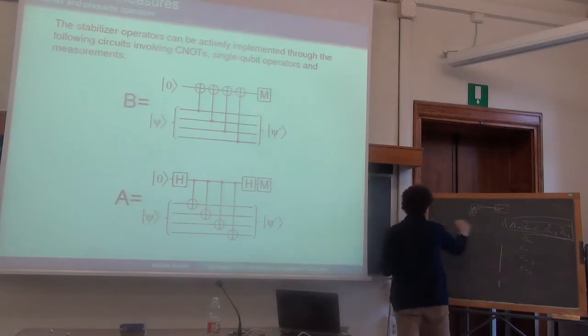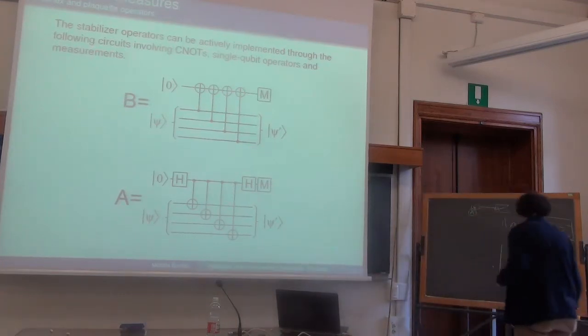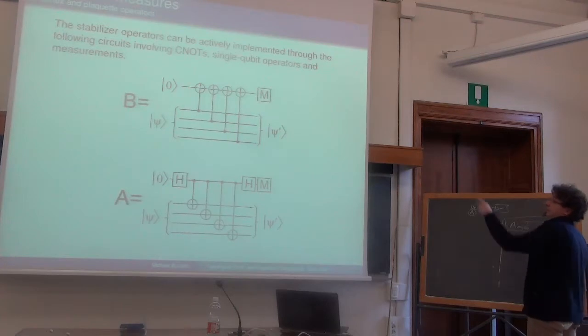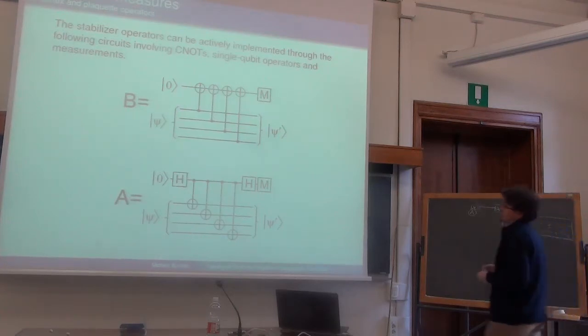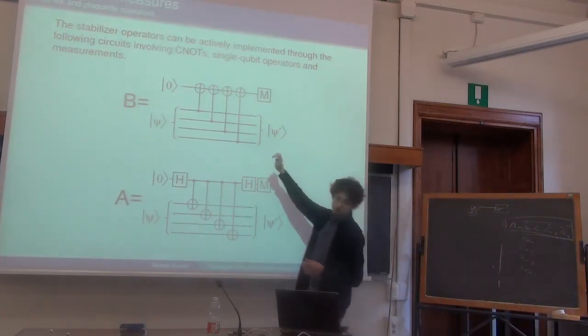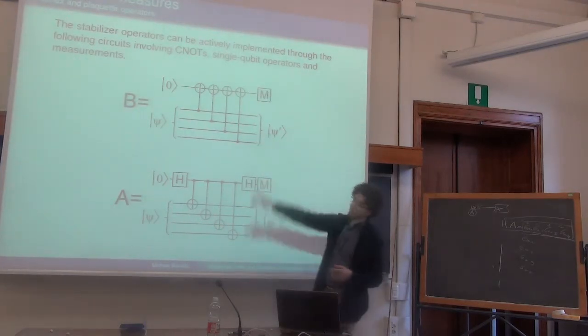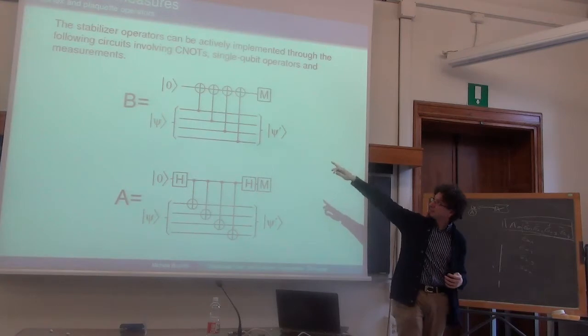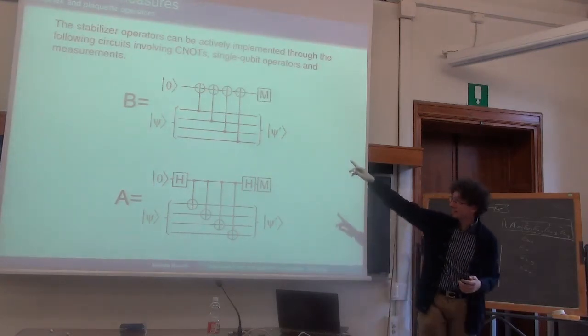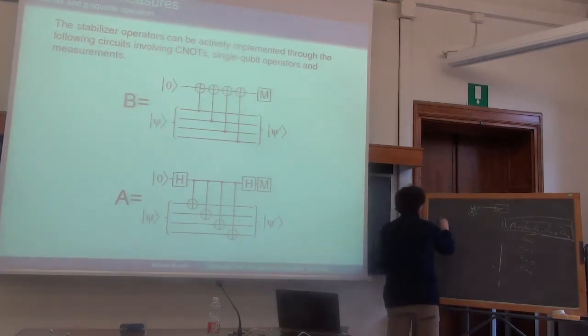So you see that each line here represents a qubit. So the 4 lines that are labeled psi are the physical qubits of the toric code, and the line on top is the ancilla. The ancilla is initialized in the 0 state.